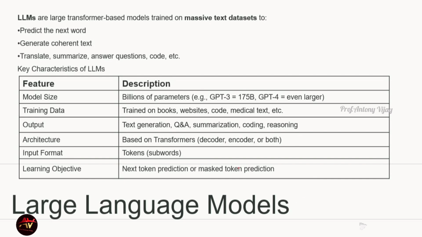Next we are seeing about LLM, that is large language model. This deals with a massive text database, and it can predict the next word and generate coherent text, and also translate, summarize and answer questions like ChatGPT. It can act as a ChatGPT.